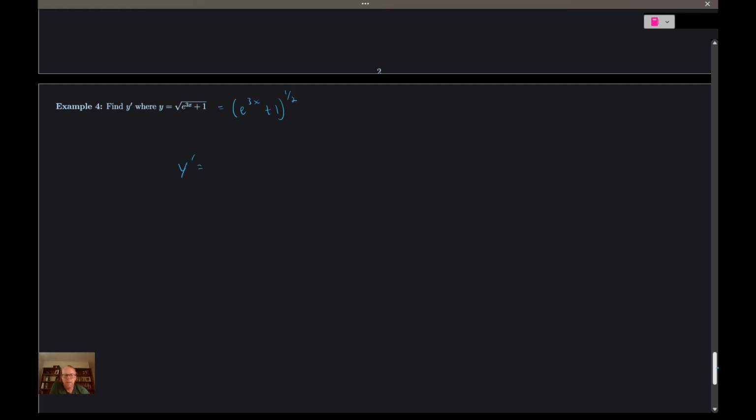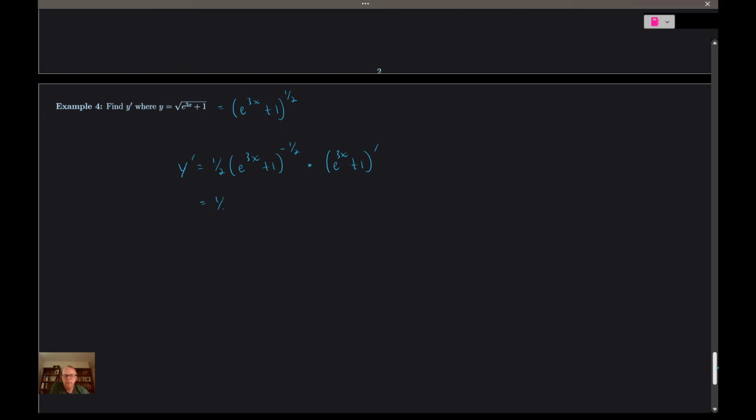So y prime would be, we're going to use a power rule, and then we've got to use a chain rule. So this will be 1/2 e to the 3x plus 1. Subtract 1 from the exponent, so negative 1/2. And now we're going to multiply by the derivative of e to the 3x plus 1.